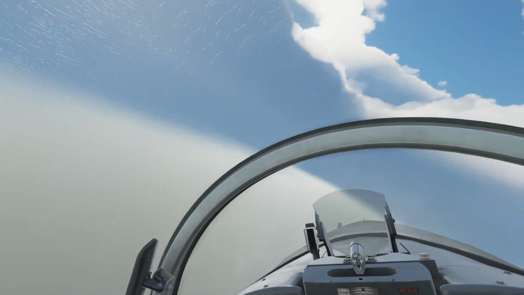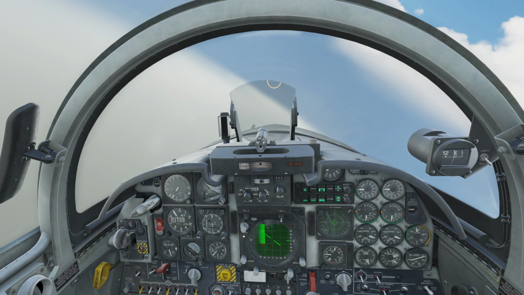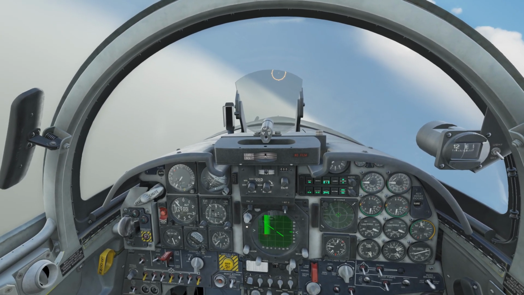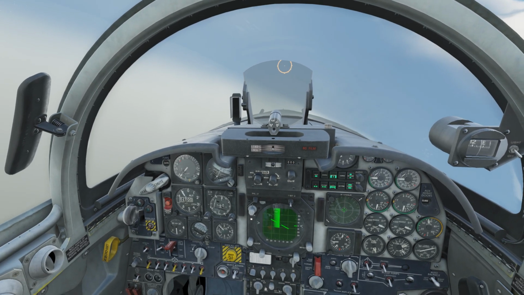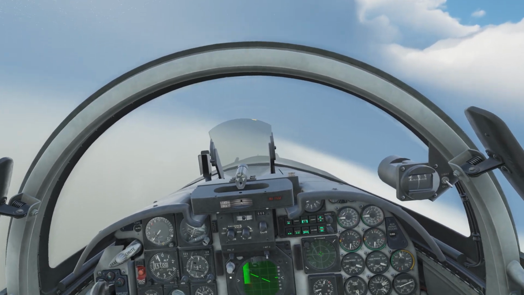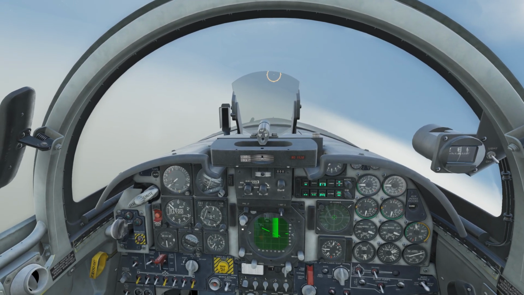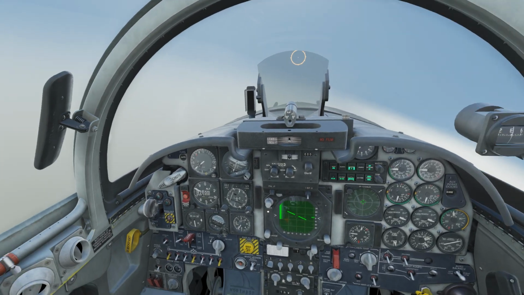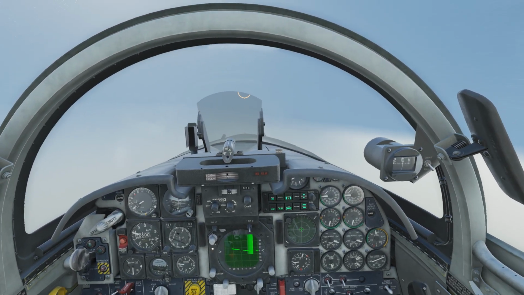So what I'm going to do is try to get that radial line, which is to the left of me right now, back to the center line. And that should take me to the airport, and I should be lined up for landing on the runway. So that should be enough deflection.